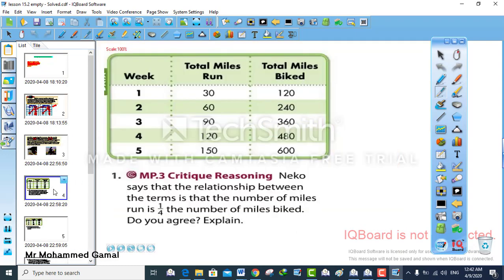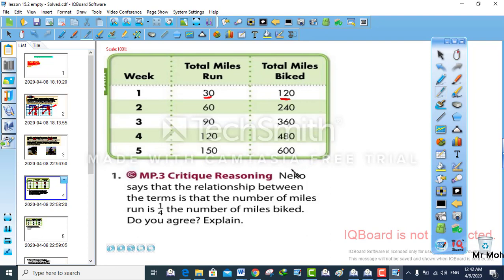Because of this, he made this table. The first week is 30, and here biking 120 miles. As you see, each time he's adding 30, so 60, 90, 120, 150. The same way here, he's adding 120, so 240, 360, 480, 600 by the end after 5 weeks.